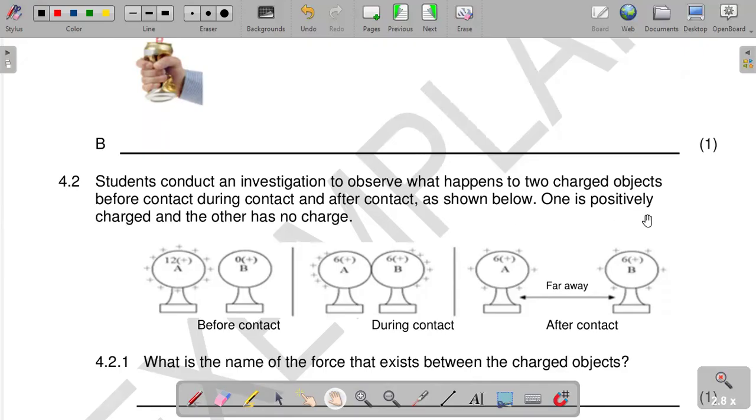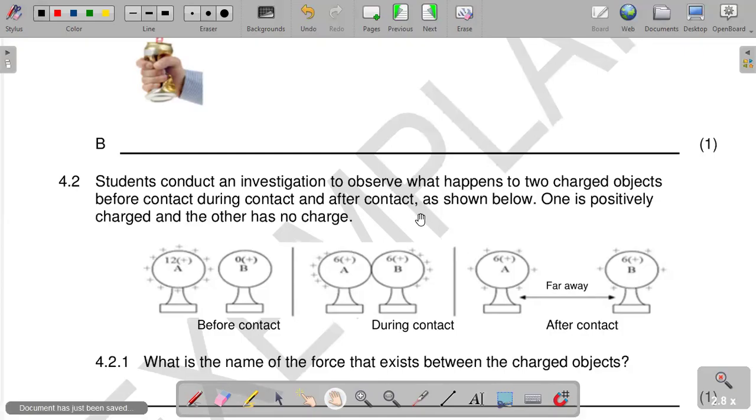One is positively charged and the other has no charge. There's no charge here and this is positive. They touch during contact, and then after contact, you can see that they both appear to have positive charges around B all of a sudden.